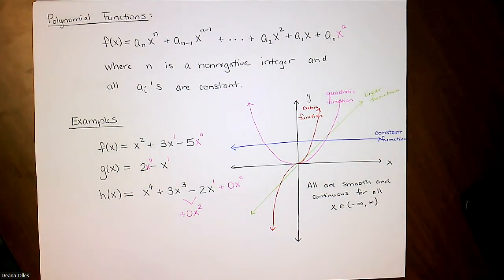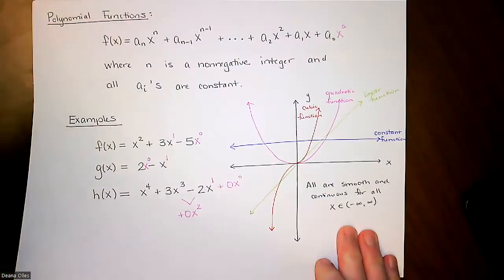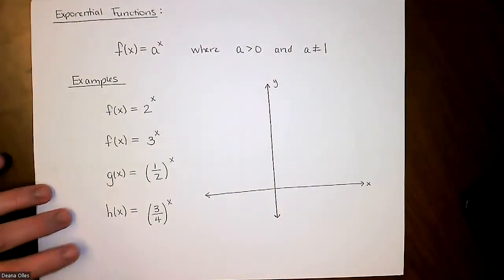It's very important because what that means is that I can take the derivative of a polynomial function at any value for x. Okay, and we'll be using that as we go through the next unit. All right, so that's your basic definition of polynomial functions. Let's go to exponential functions.